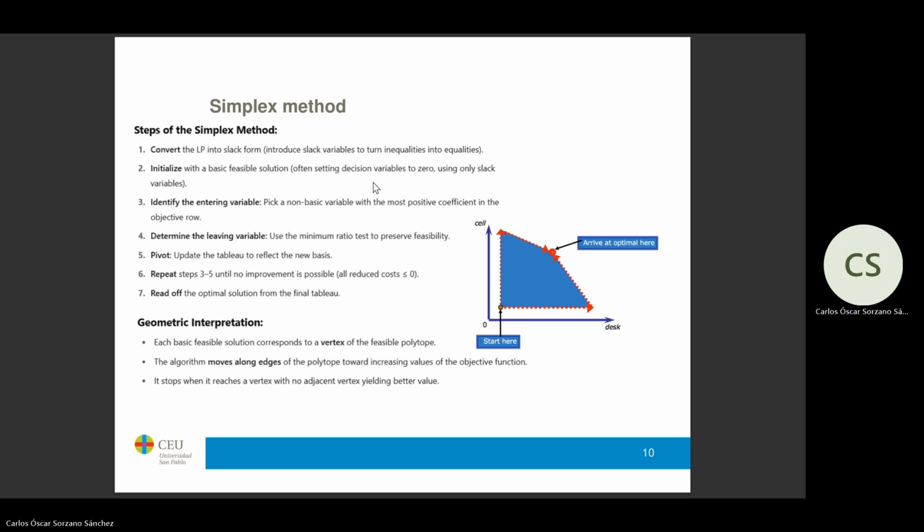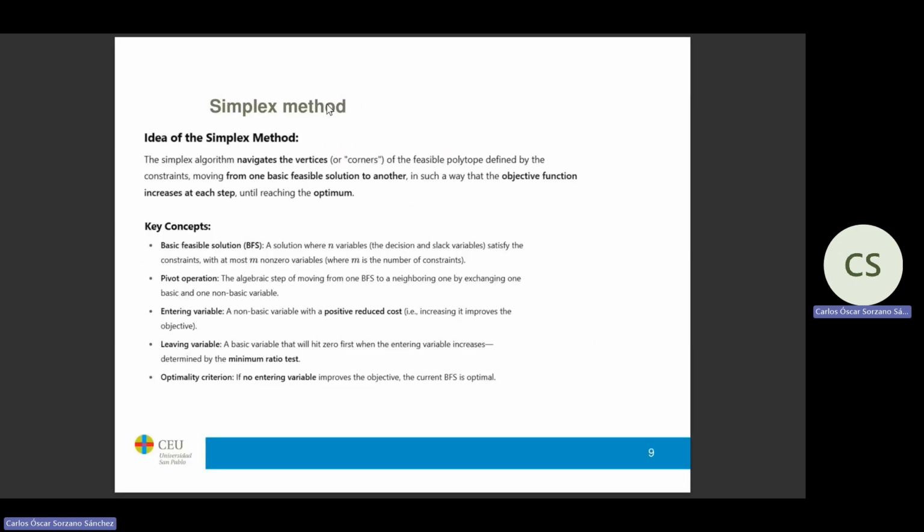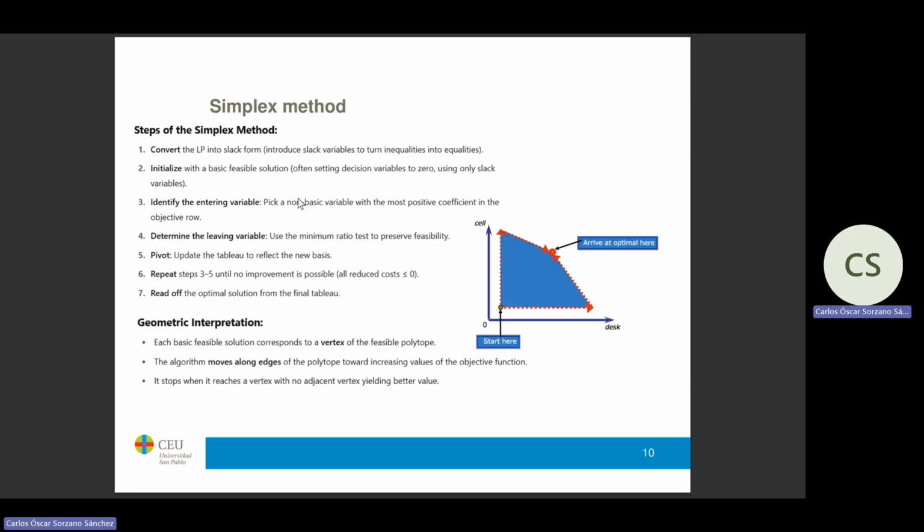Okay, so one of the methods to solve these linear problems is the simplex method. This is the one we are explaining now, the one that goes through the corners. The first step is to convert the linear problem into a slack form, so you convert all inequalities into equalities. Then you initialize with a feasible solution. You identify one entering variable, and you have to determine one leaving variable. We will see that in the example.